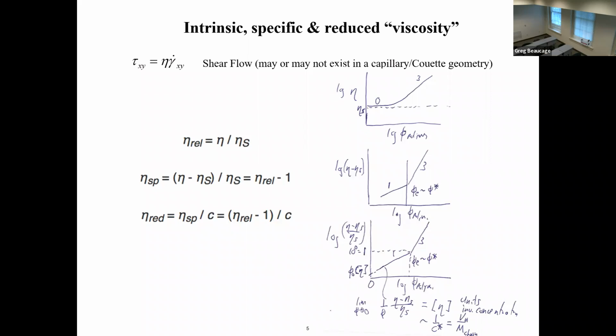If it's draining, then you have a Rouse behavior, and it's going to have this molecular weight dependence that's linear. So both things are linear. One is viscosity versus molecular weight, power 1, and the other is viscosity versus concentration, power 1. So this is a non-draining Zimm behavior.